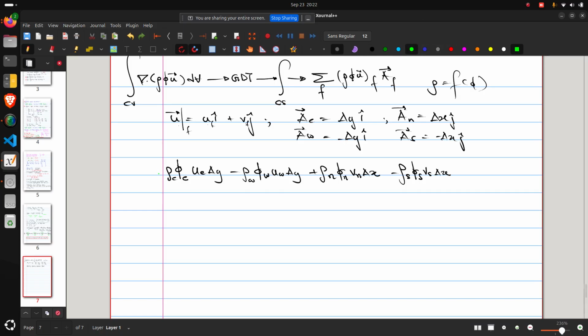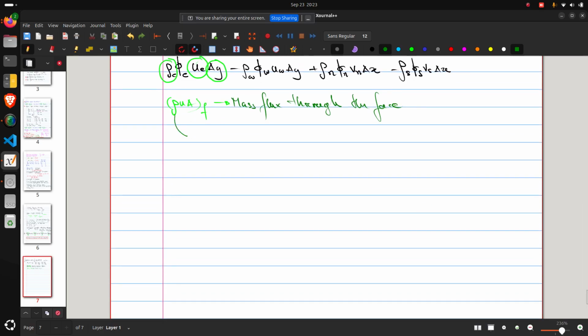Now, if we look at this term, rho times u times delta y, it is nothing but the mass flux through that face. So rho u A, where delta y is A, at a certain face is nothing but the mass flux through the face. This also makes sense dimensionally.